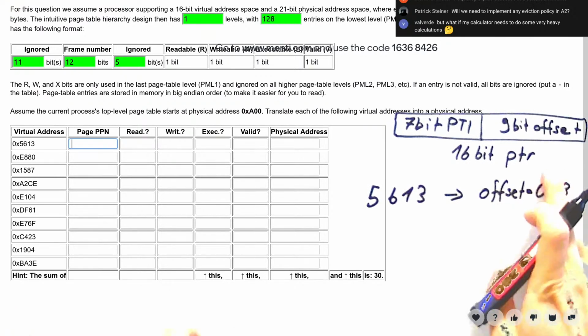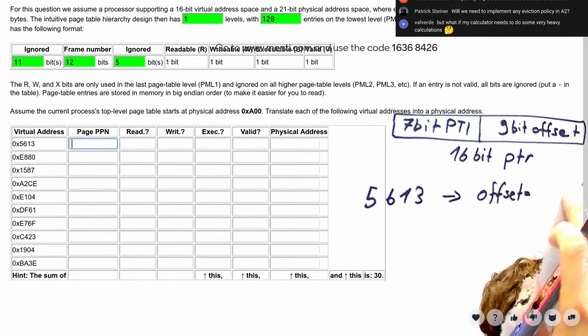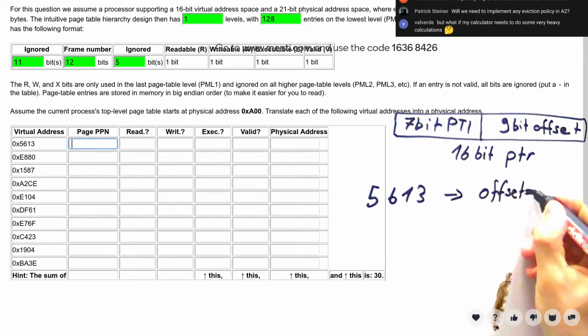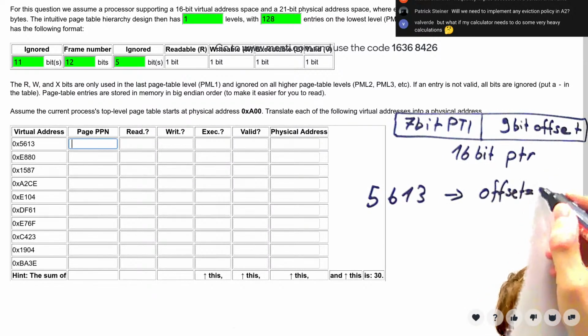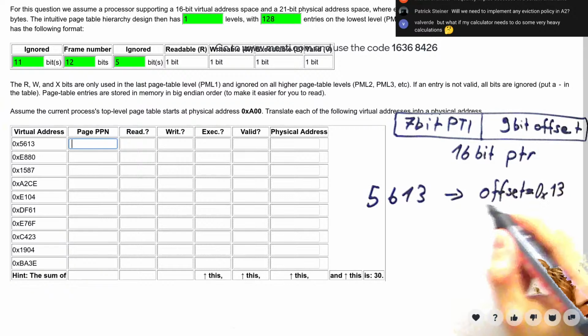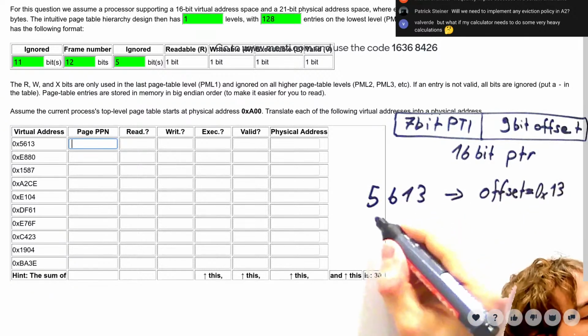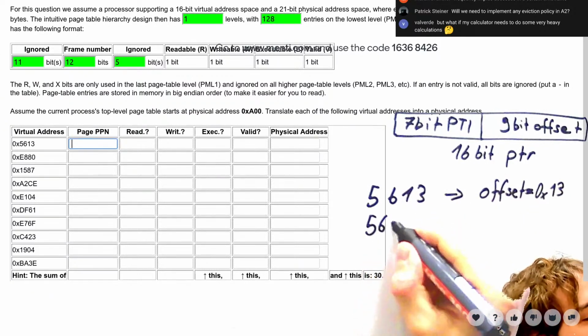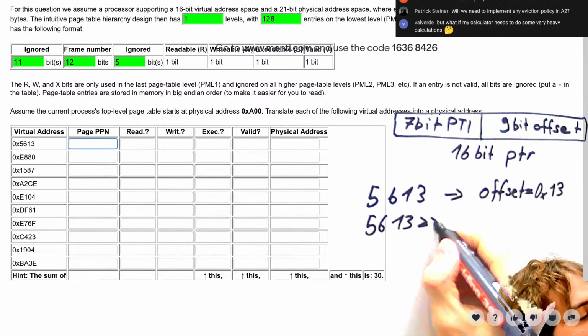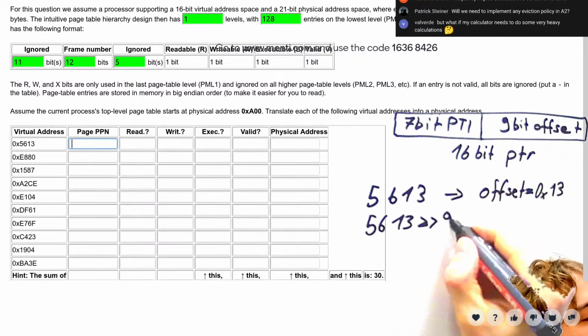I will not always write the 0x because most of the numbers that we write are hex anyway. So maybe I will write 0x13. And now we need to shift this 5613 to the right by 9 bits.